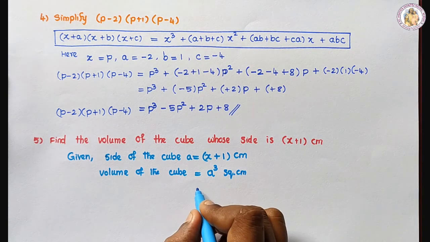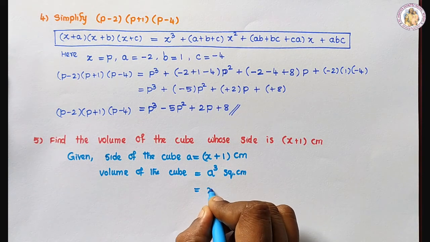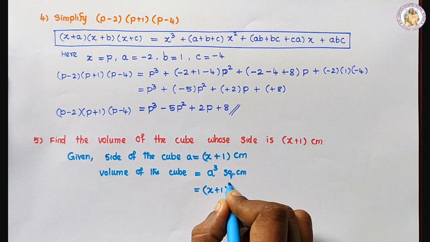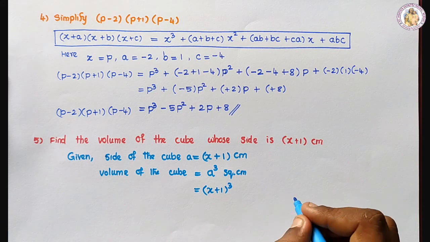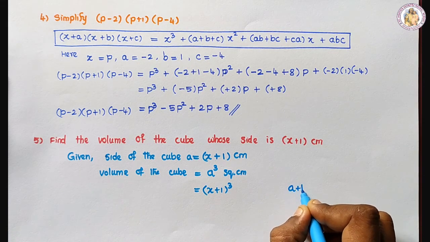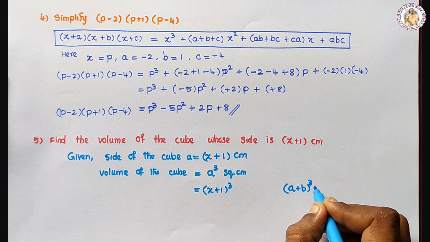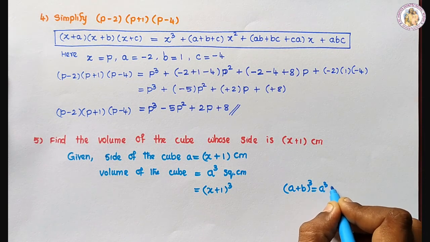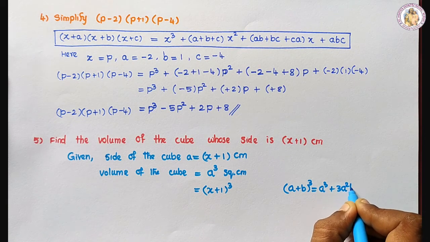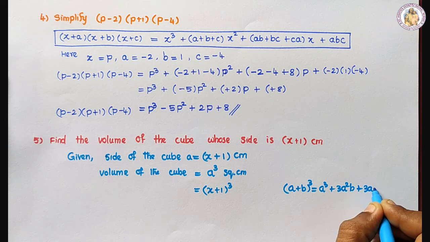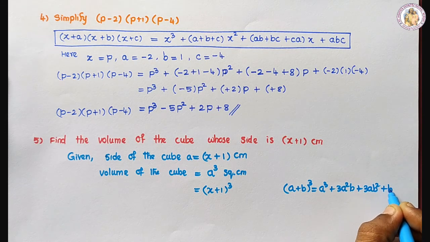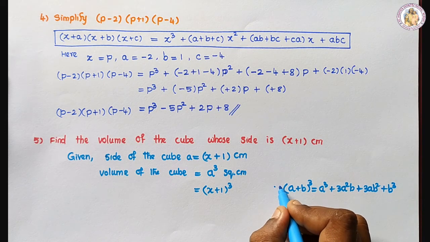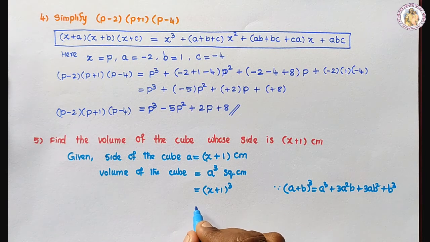So a cube means here x plus 1 whole cube. It is in the form of a plus b whole cube, right? a plus b whole cube equal to a cube plus 3a square b plus 3ab square plus b cube. So substitute the values.